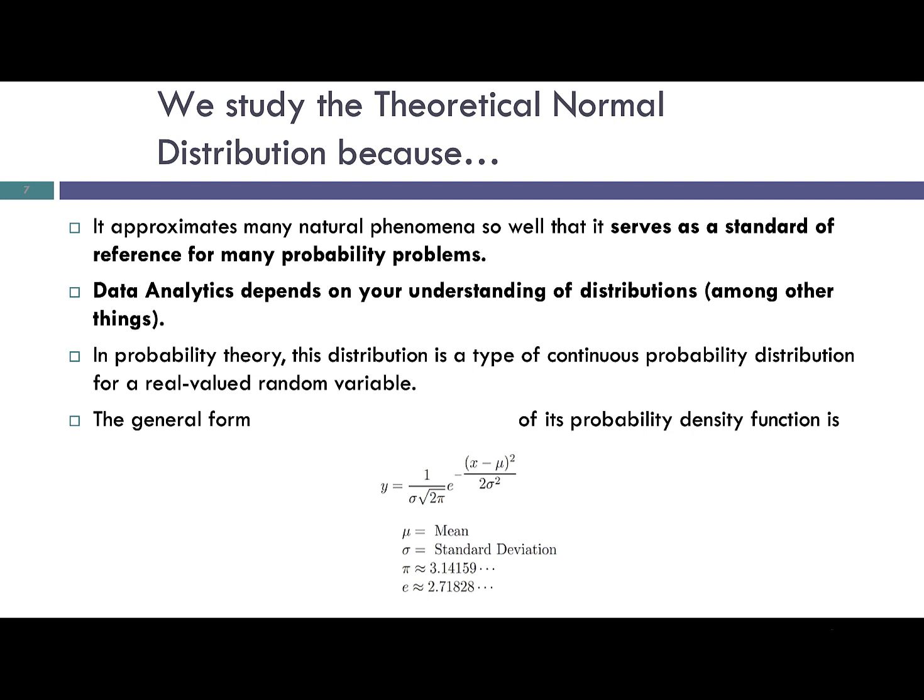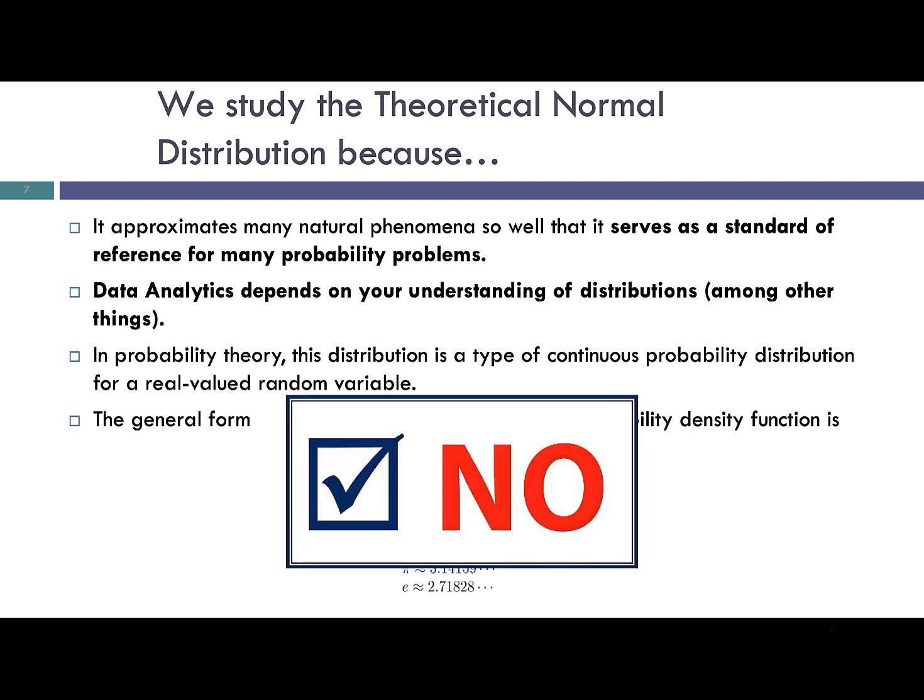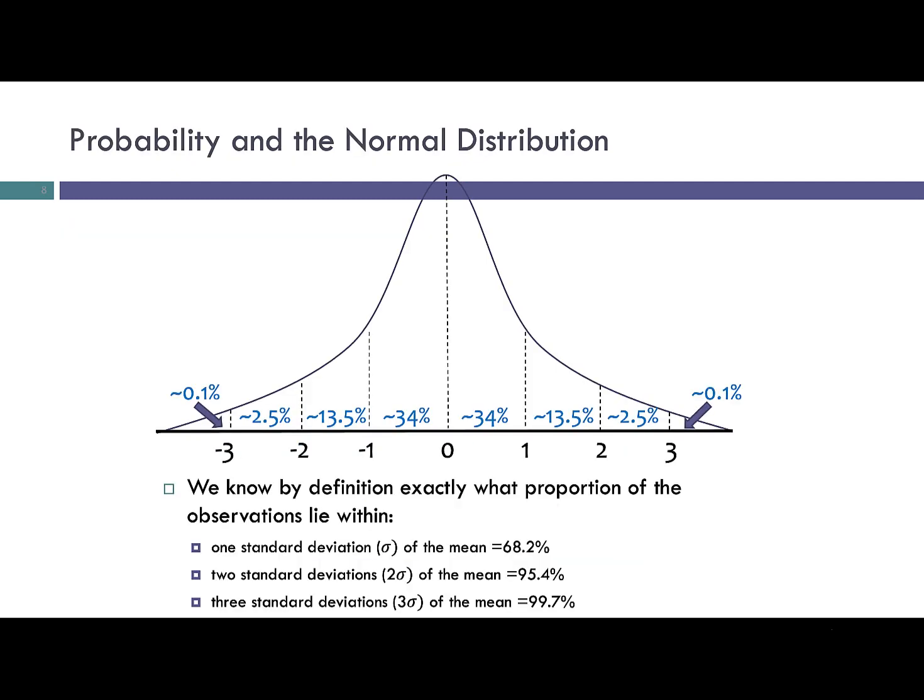And if you don't have a second semester of calculus, no problem there either. I don't expect you to memorize this formula or actually ever even use this formula. But, again, sometimes it's nice to know that there's some math behind what we do. Otherwise, it keeps me up at night wondering if there's math behind what we do.